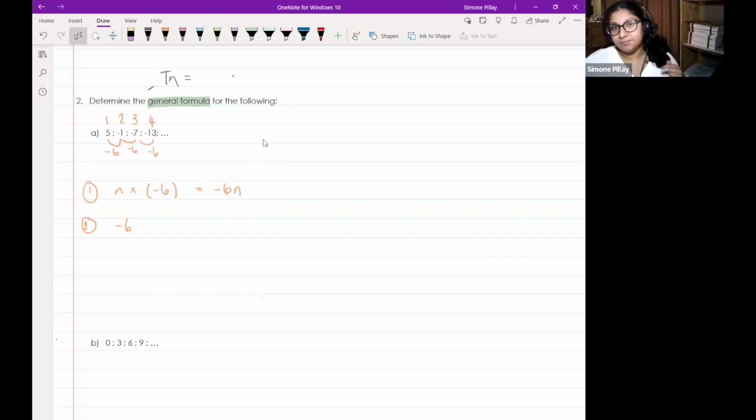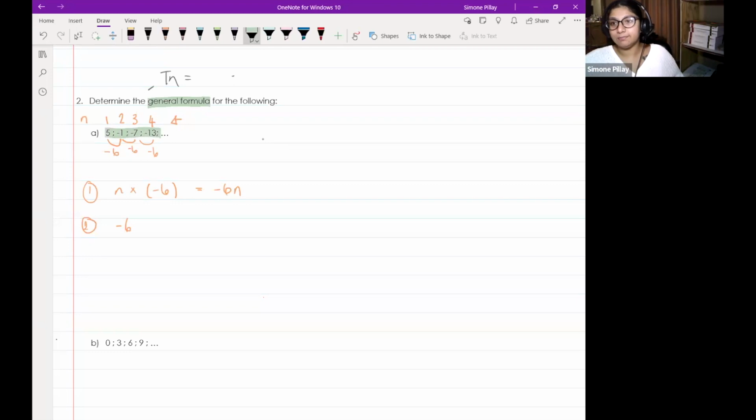Yeah, 100%. Now what I want to do is I call these term numbers. These are my term numbers and we label them n. When I have a specific term number, which is my input, I need to get these outputs. These are going to be my outputs.